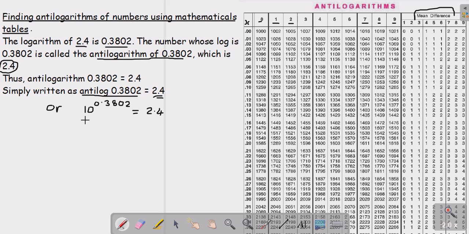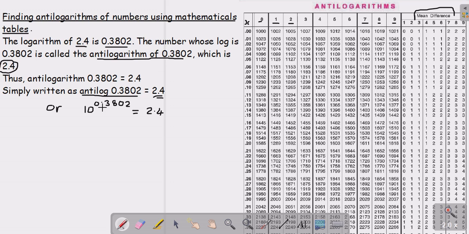So this is how we write antilogs: 10 raised to the power of that log.